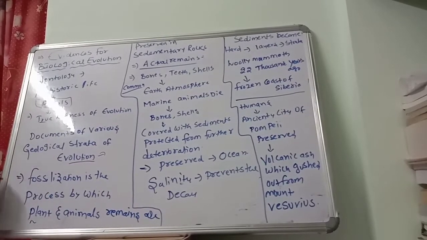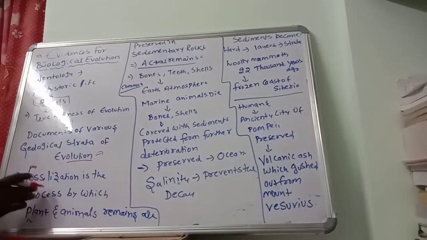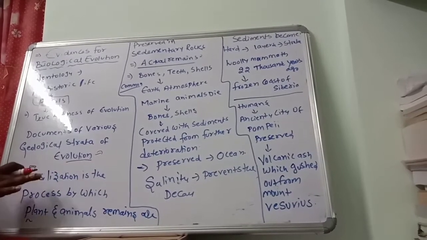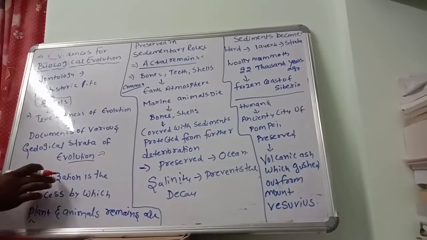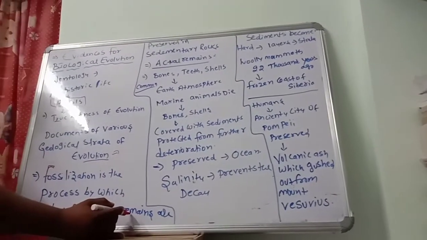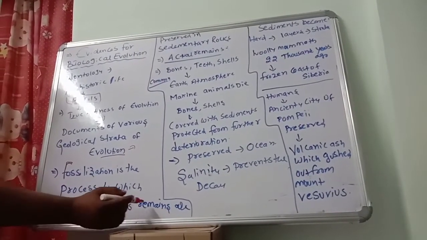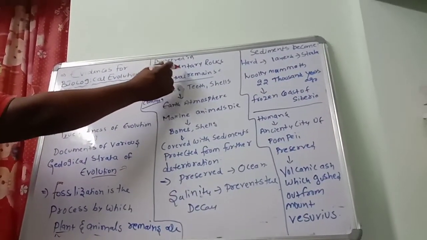The next one: fossilization. What is fossilization? Fossilization means making fossils in a perfect way. Fossilization is the process by which plant and animal remains are preserved in sedimentary rocks.